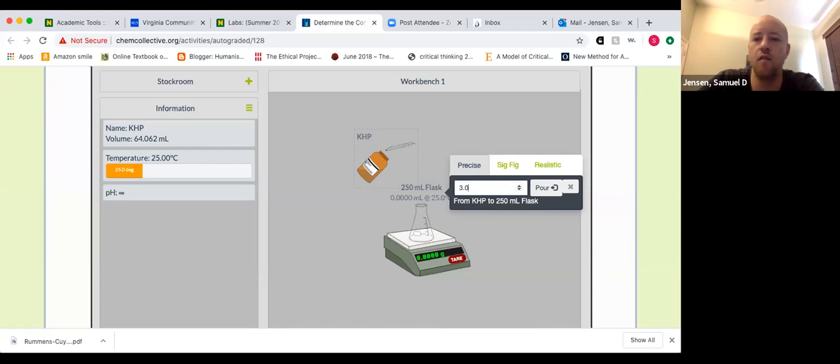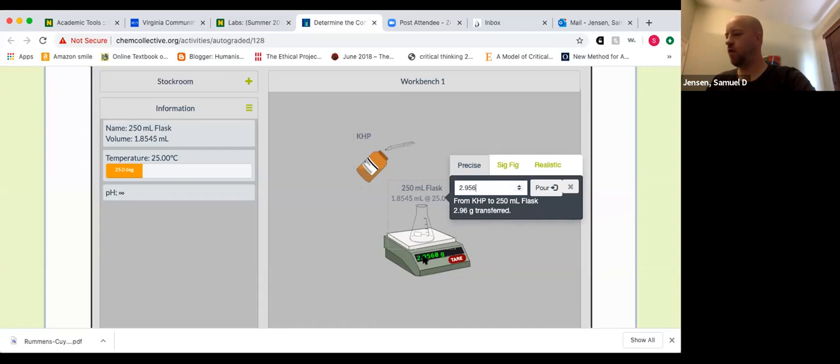Maybe you do this a little more realistically and pick some random numbers near 3, so 2.956. It's close to 3, but it's not exactly 3.0, and so we would write that down as the number we would use for our calculation.